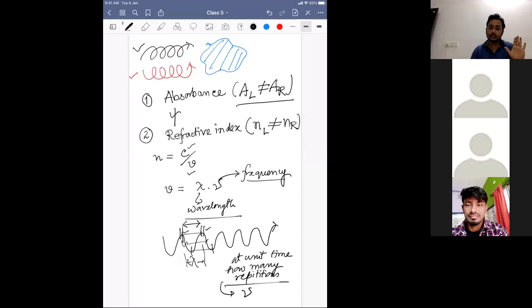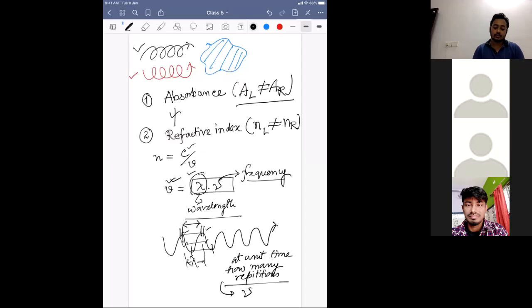Now, when light passes through a system, I am seeing that velocity is getting changed. Now, this one is a constant, and this velocity is changing, so something has to change. What is actually getting changed is the wavelength. When the light passes through a medium and changes its velocity, it is the wavelength that changes. The frequency remains the same.